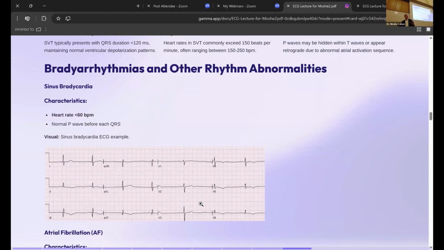When you have a complete AV block, you see a separate activity of the atria, and a separate pacing of the ventricles. So the ventricles are taking over, but it's a very slow heart rate. Let's say the SA node is producing 80 beats per minute, the AV node is producing 50 beats per minute, the ventricles are producing 25, 30 beats per minute. So you will be able to survive, but you feel terrible and you have to have a pacemaker.